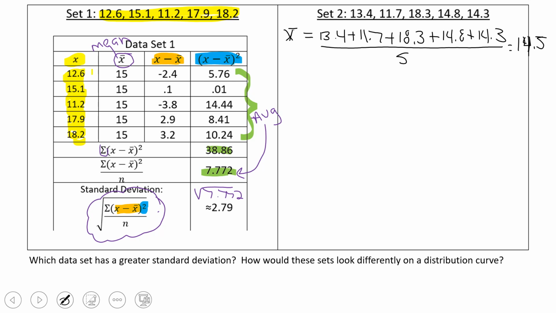Okay, now if I follow the table that I've got, I'm going to cut out that left-hand column and start by finding the data point minus the mean. I would start with my 13.4 and subtract the 14.5, and then do that all the way down my table.